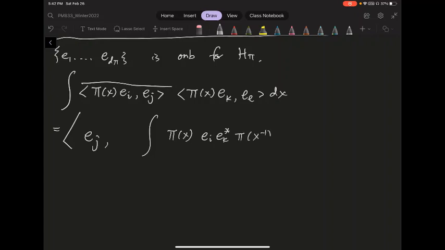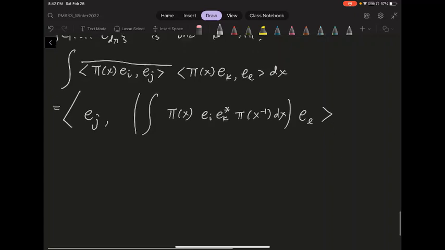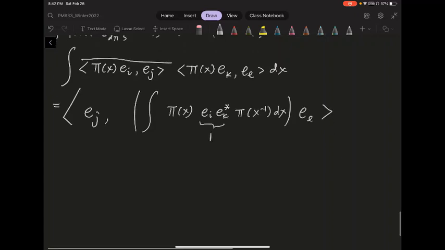And then you have π(x) inverse. This whole operator is applied to this e_l, okay? And so basically you do the same trick. You let this be equal to B, and this big integral is going to be equal to A, and by the technical lemma we saw, this is going to be in the intertwiner of π itself.